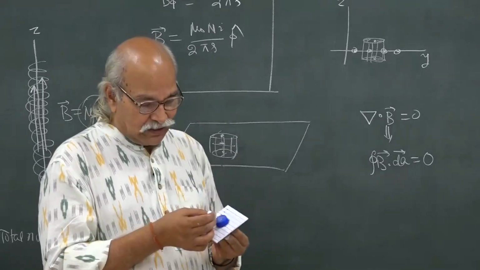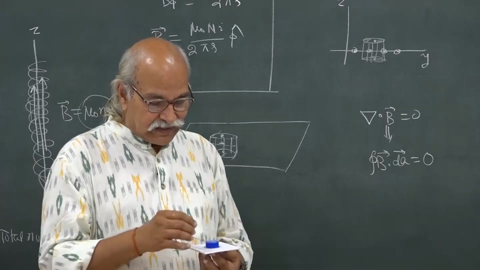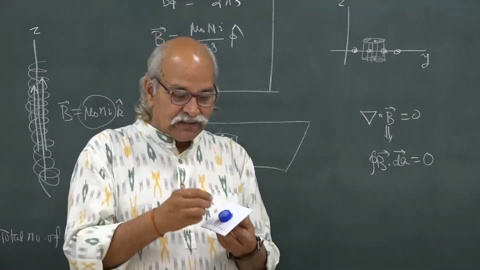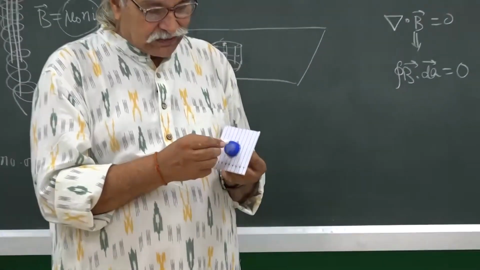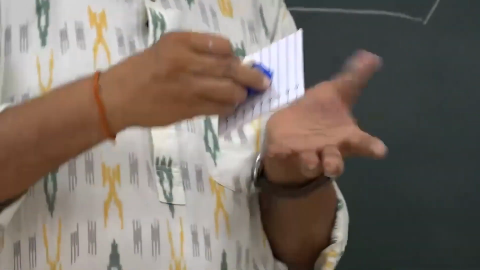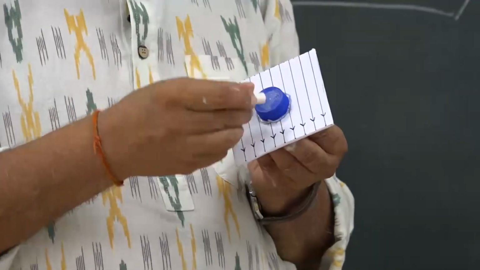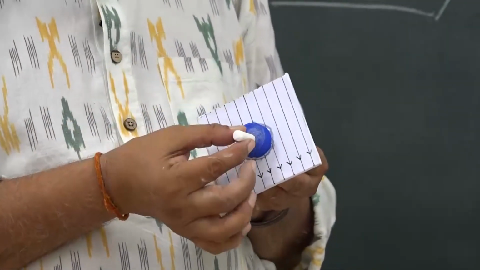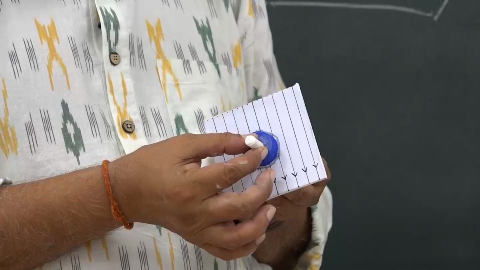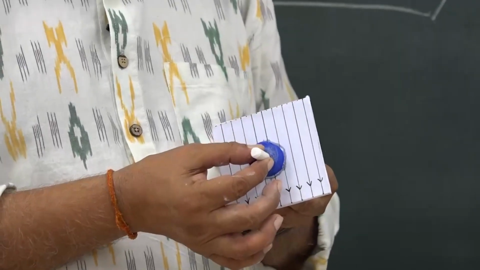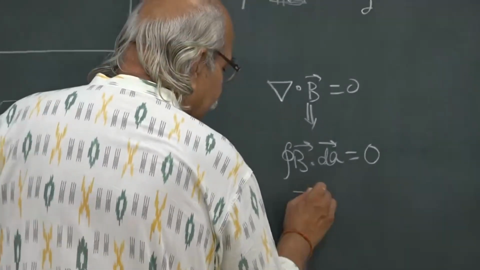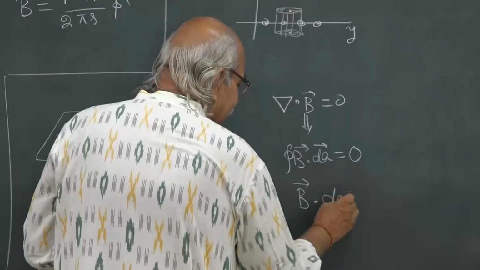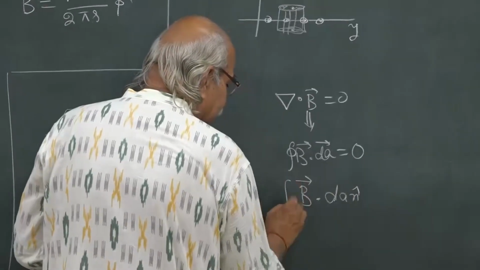Okay. Let us call this side as side 1. So, let me say that this is side 1 and this side is side 2. So, on side 1, this outward normal is the direction of this dA vector. So, B dot dA, we write it this way.